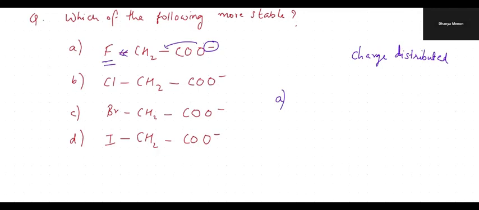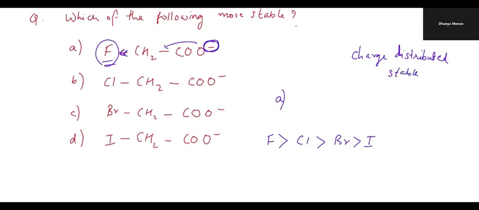Then the next instability is: fluorine has the highest electronegativity, then chlorine, then bromine, then iodine. Chlorine will pull the electron pair towards itself, and this negative electron cloud gets distributed. So when charge gets distributed, what happens to the compound? It becomes stable.